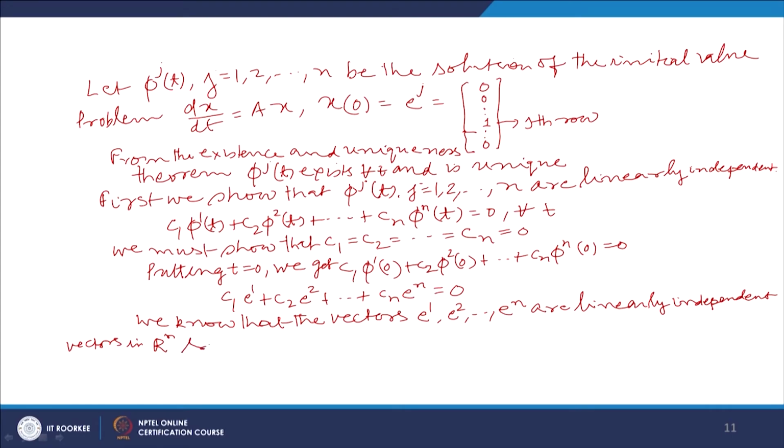So C1 must be equal to 0, C2 must be equal to 0 and so on Cn must be equal to 0, and thus phi 1 t, phi 2 t and so on phi n t are linearly independent. So thus the n functions phi 1 t, phi 2 t and so on phi n t are linearly independent.